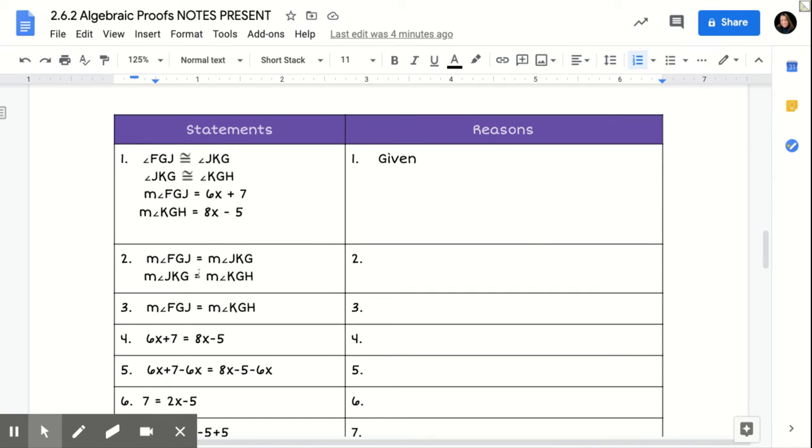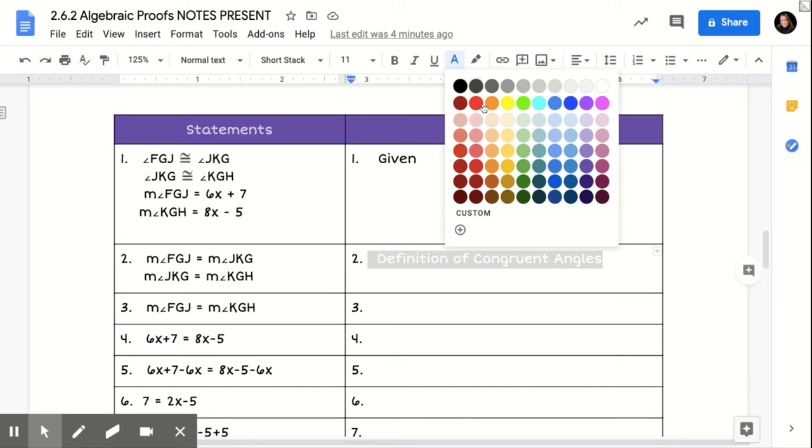The next step shows that the measure of angle FGJ is equal to the measure of angle JKG, and the measure of angle JKG is equal to the measure of angle KGH. Looking from the previous statement, I see that those two pairs of angles are congruent. And so the reason we can say that their measures are equal is because the definition of congruent angles tells us that they are equal.